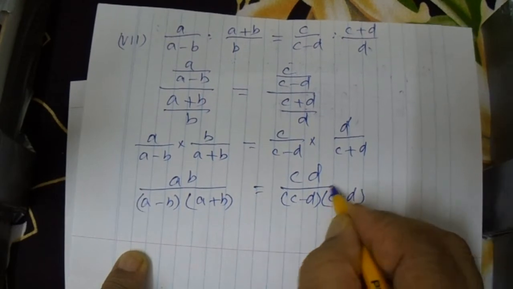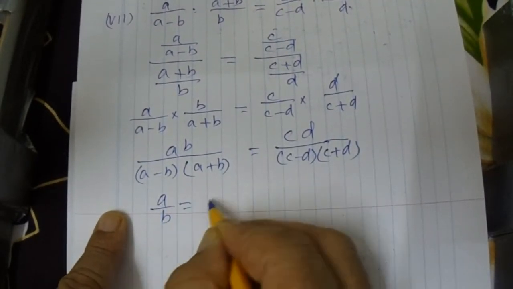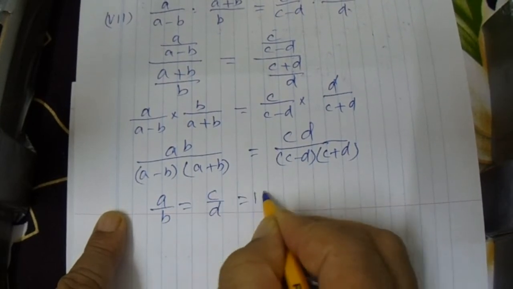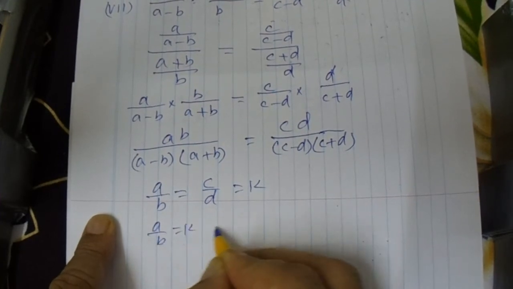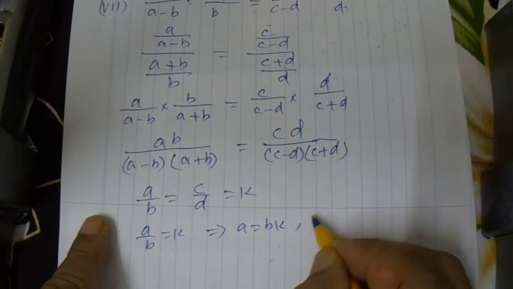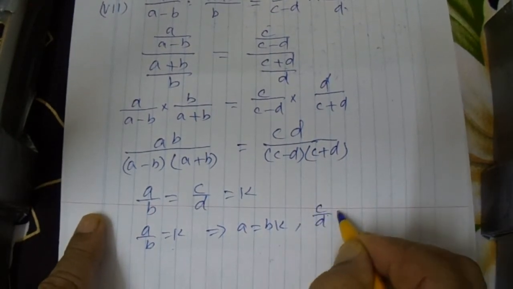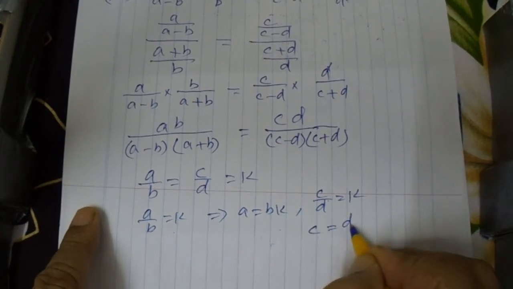Okay. Now we know that A over B is equal to C over D is equal to K, and here A over B is equal to K, so A is equal to BK. Similarly, C over D is equal to K and C is equal to DK.